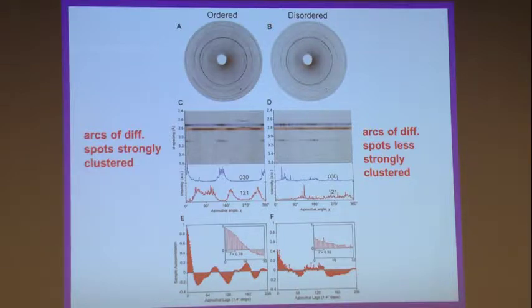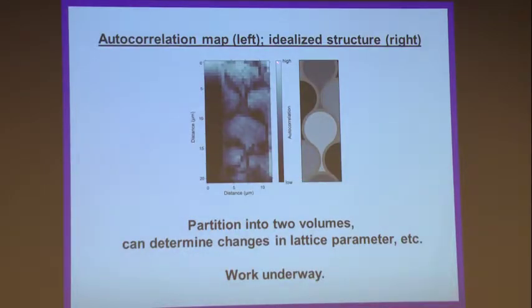So we can then plot the autocorrelation value for each position across the map. And this is what we get on the left-hand side. So the darker values are poorly correlated, the lighter values are more highly oriented, and we see basically that's the type of structure we would expect. It exactly matches the orientation we would expect from how we milled the sample out.